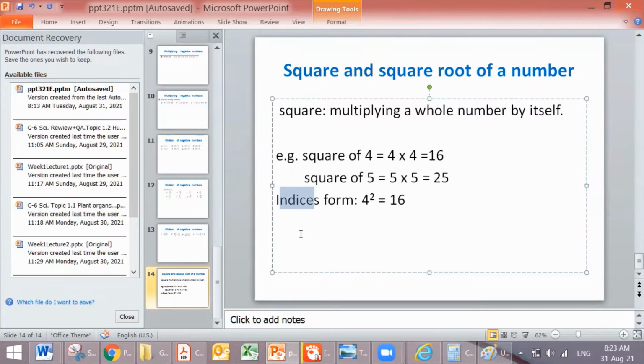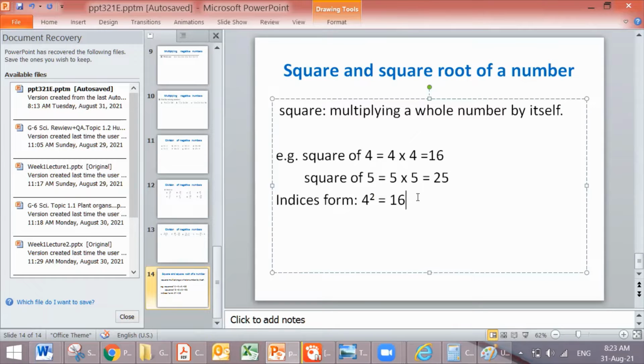Okay, 4 squared is equal to 16. Wherever you see this small 2, it means that it is squared, and you have to multiply the same number by itself.